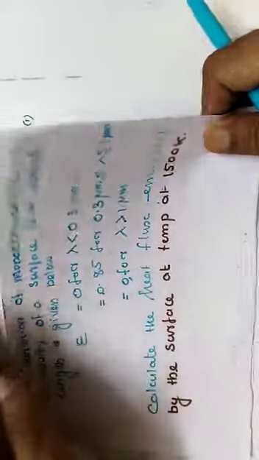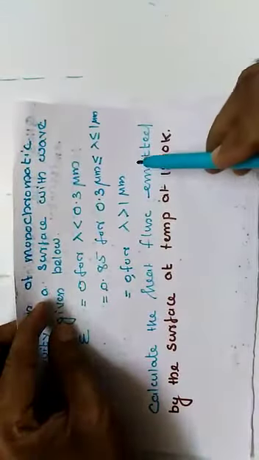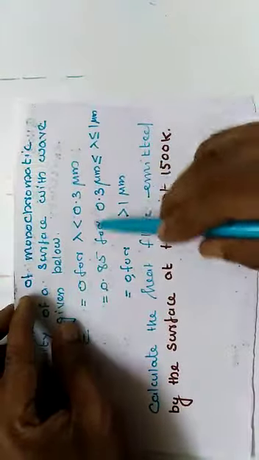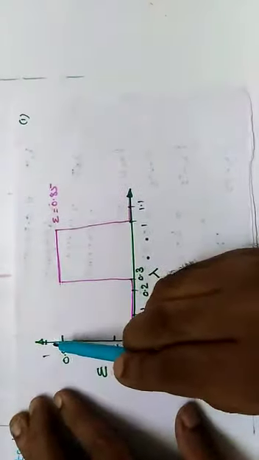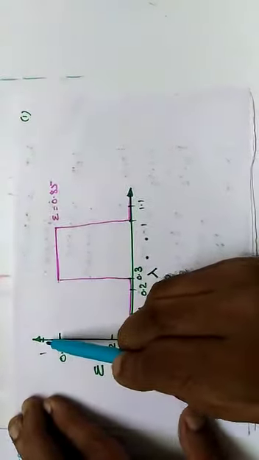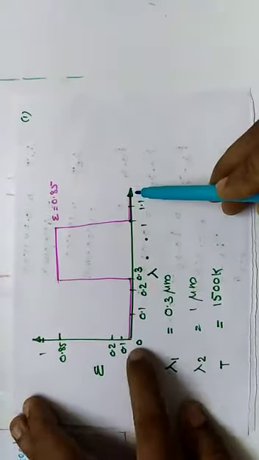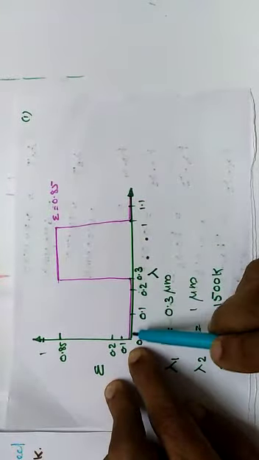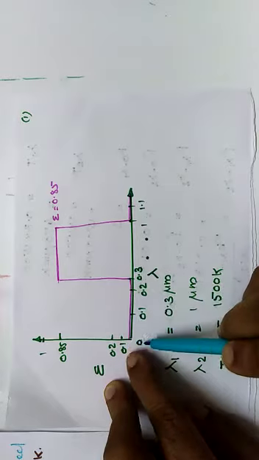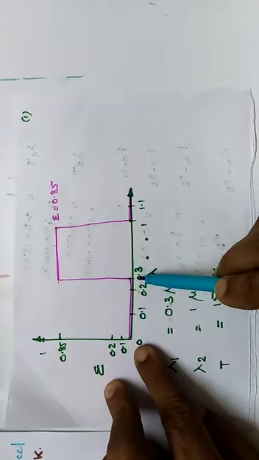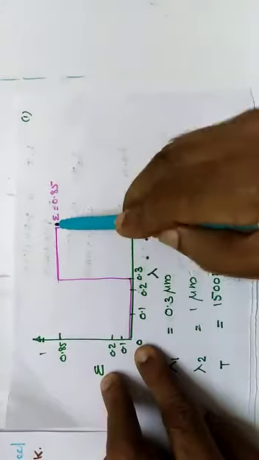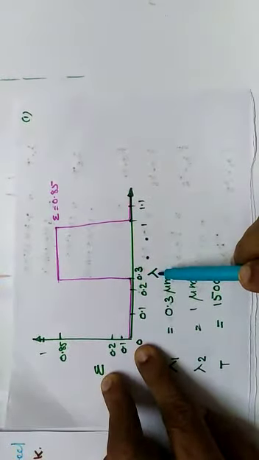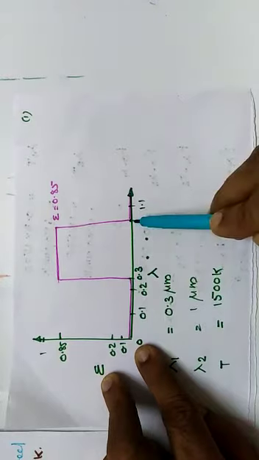So here the emissivity of the surface is not constant. It is changing with respect to the wavelength. If you plot the variation of the emissivity with the wavelength, we can say that emissivity equals 0 when lambda is 0 to 0.3, and epsilon equals 0.85 for values of lambda between 0.3 and 1 micrometer.